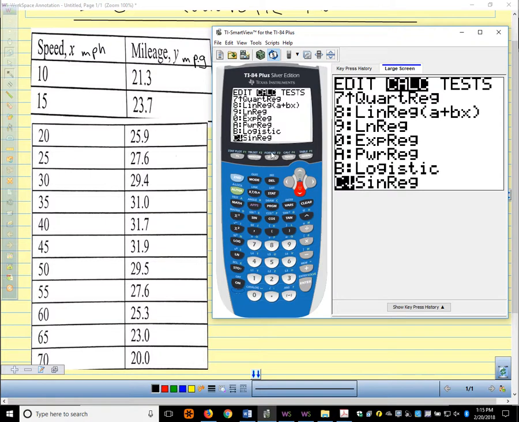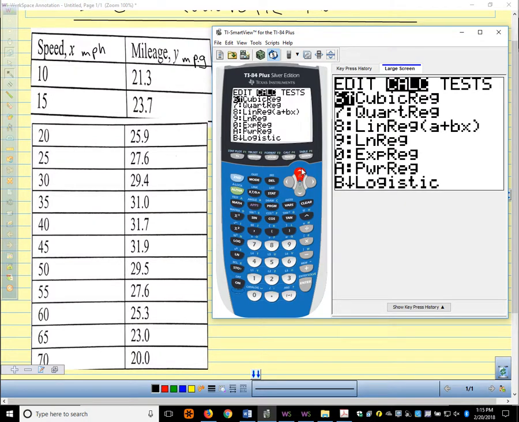We talked about that in chapter 4; we modeled some data with a sine curve. But let's go back up and do a quadratic regression. You do stat, and then you just arrow over to calculate.